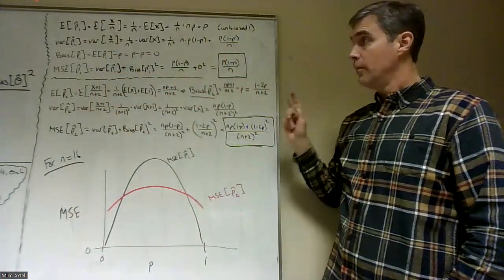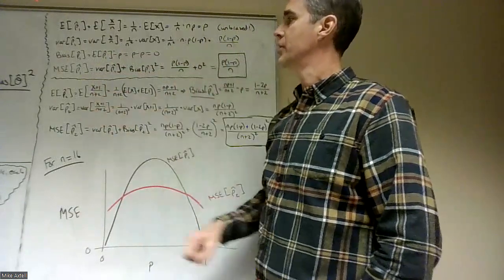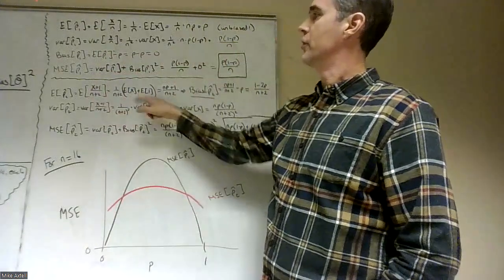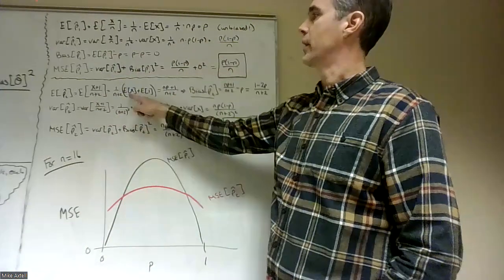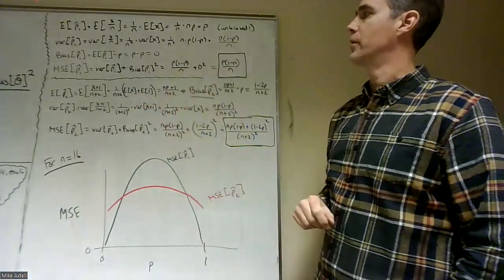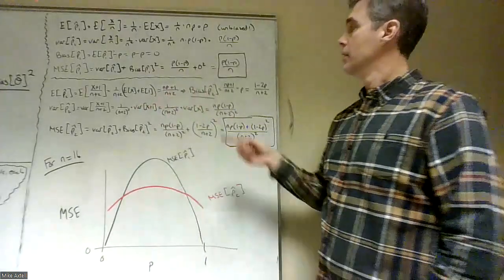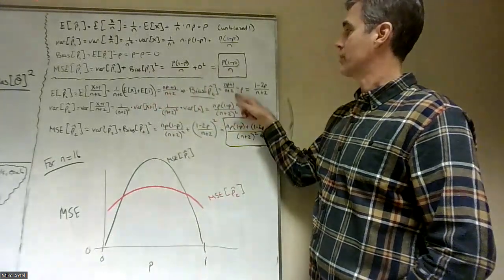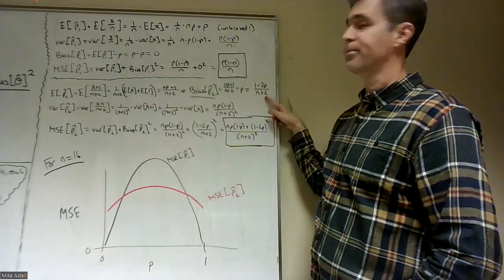Cool. Now p2 hat. For the expected value, p2 hat is X plus 1 over n plus 2. Drag out the n plus 2. Expected value distributes over addition. The expected value of 1 is 1, and the expected value of X is np. So the expected value is np plus 1 over n plus 2. Let's go calculate the bias. There's the expected value of p2 hat minus p, and with some common denominator work, I get 1 minus 2p over n plus 2.